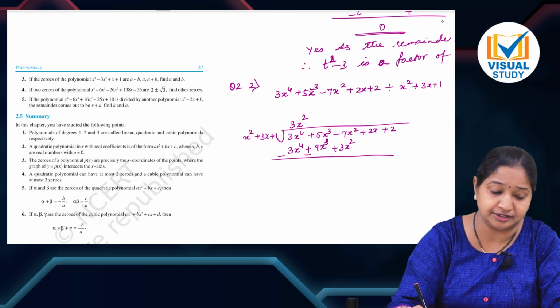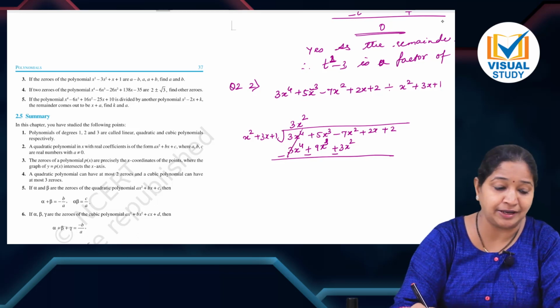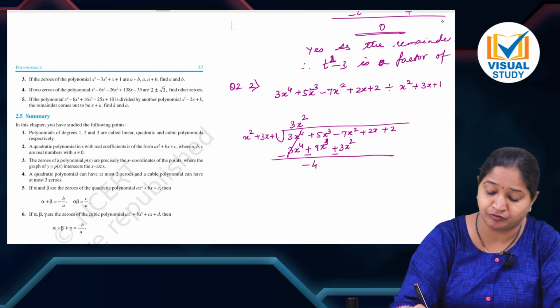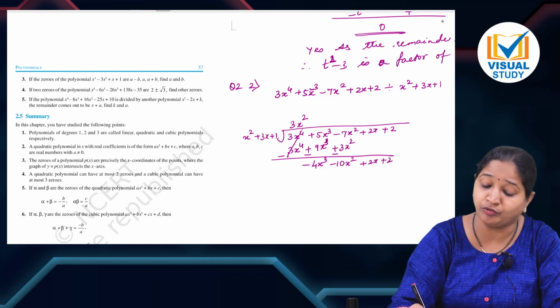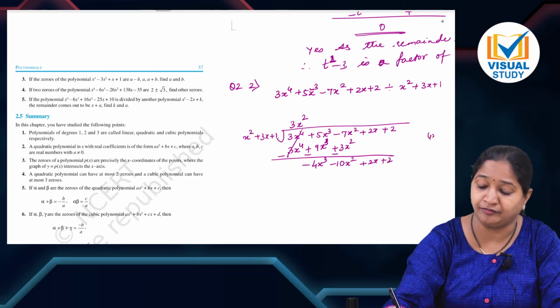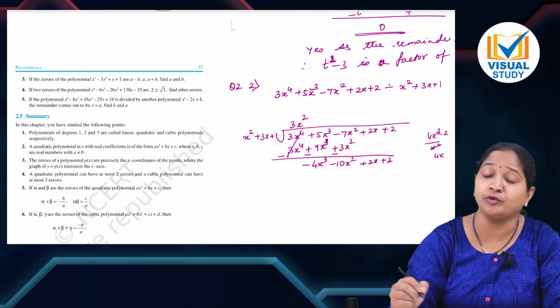Okay, change the signs. Plus 5 minus 9 you get minus 4x cube minus 10x square plus 2x plus 2. Now what you want is 4x cube. Again 4x cube upon x square, so you will divide it by 4x.